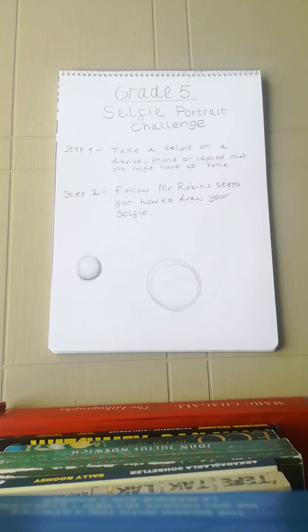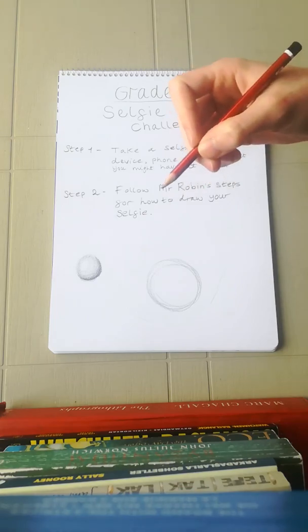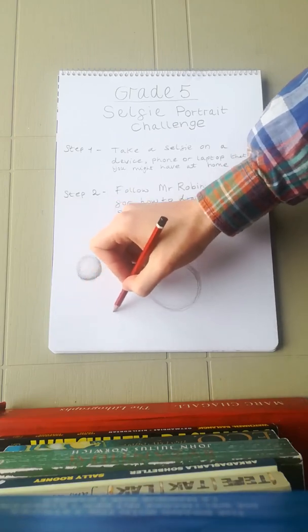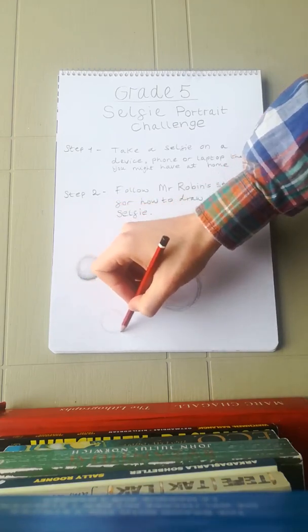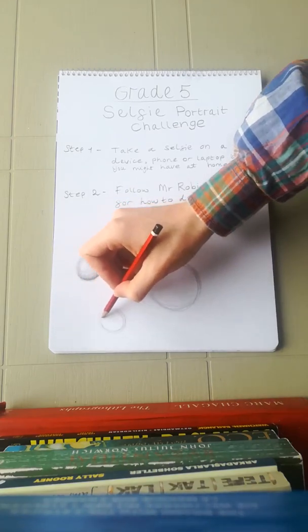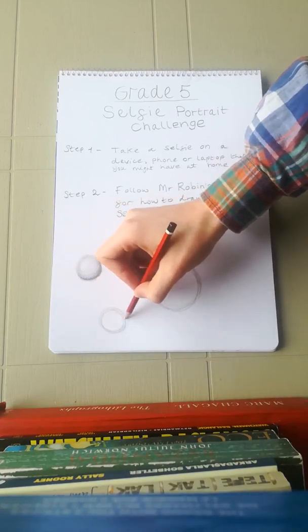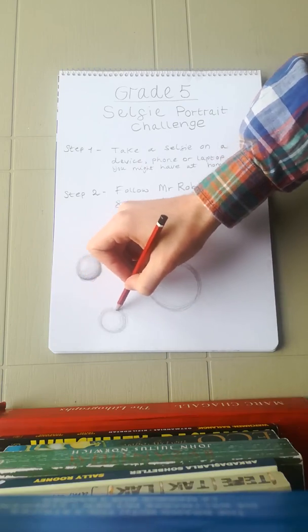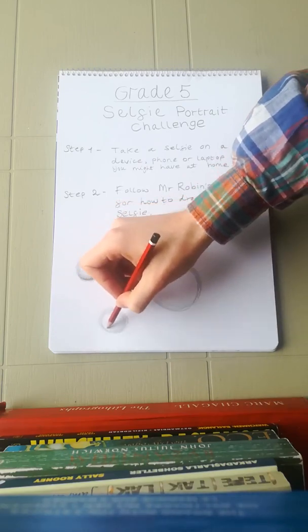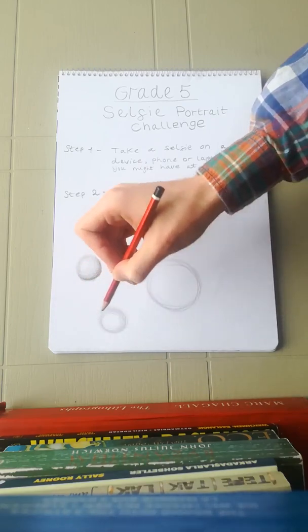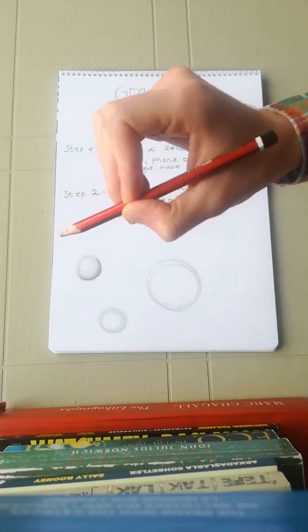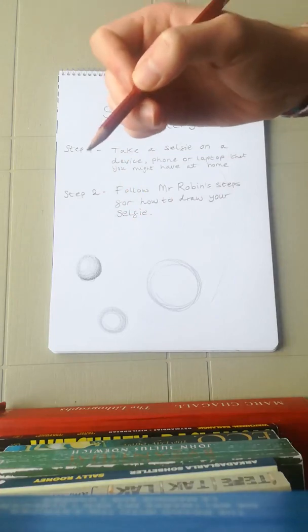So, just for everyone at home, I'm going to start by doing this little circle here, and you can just start to make a few little circles on a spare piece of paper, just have a practice, and do it very lightly like this. And I want you to move your pencil, you should be holding a pencil like this, but if this is not comfortable for you, hold it however feels comfortable.